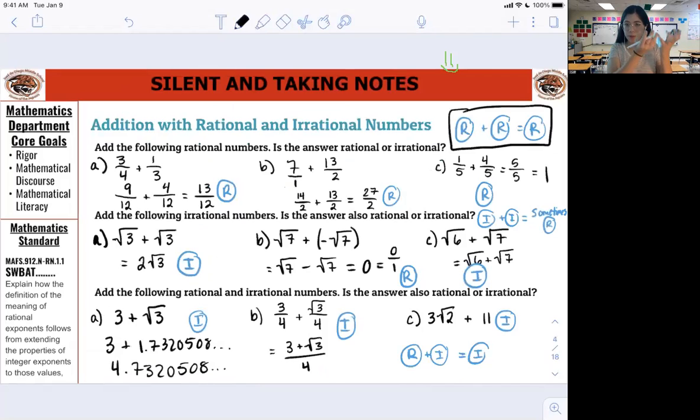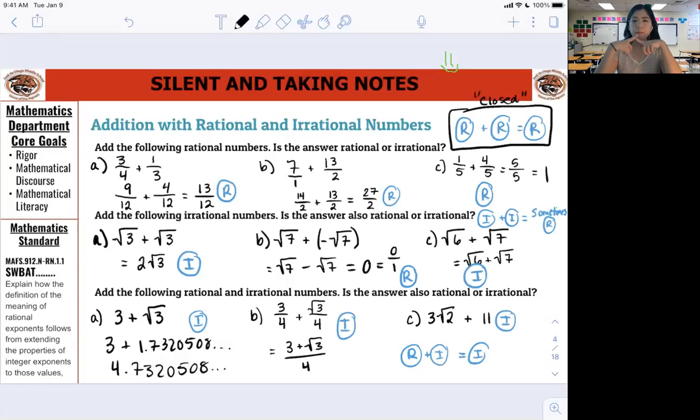You start off with two rational numbers, you end up with a rational number. That's just a kind of weird vocabulary word that you might see every once in a while, so it's important to know what it means. When something is closed, it just means that you start off with one thing and you end up with the same thing. A rational number plus a rational number stays rational.